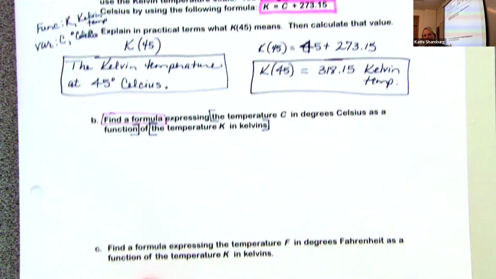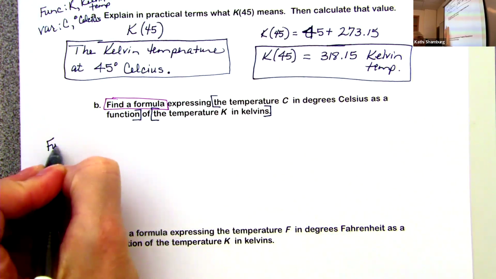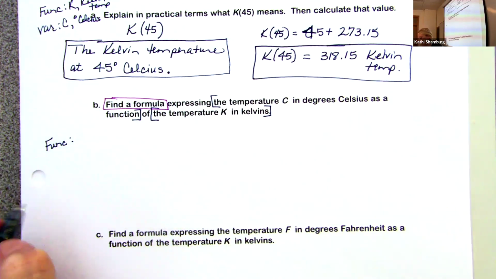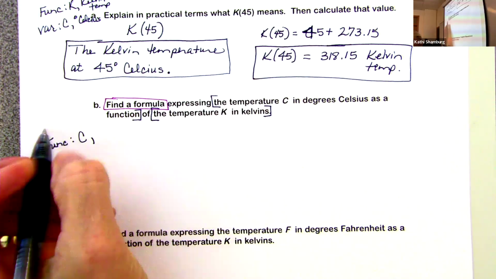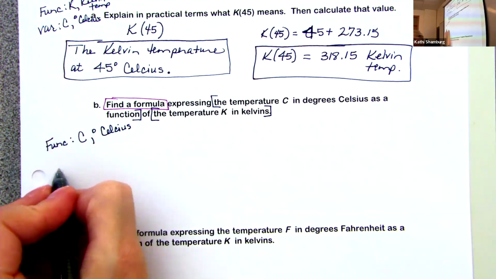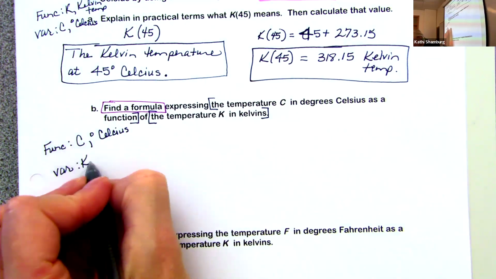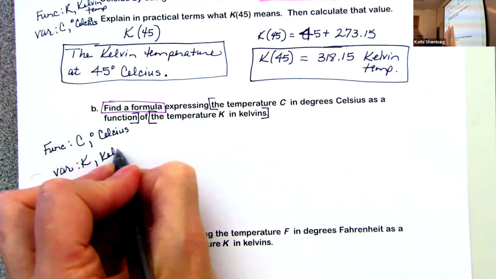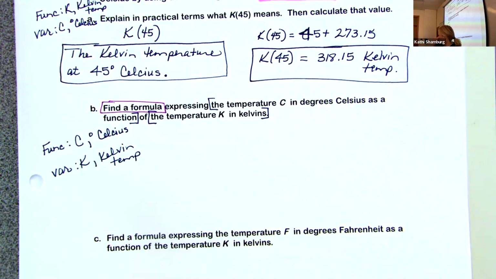Because of that wording, they're wanting me to find a formula, but ultimately I want the function to be what? C. And I want the variable to be what? K, kelvins. Okay, so we're using C and K.